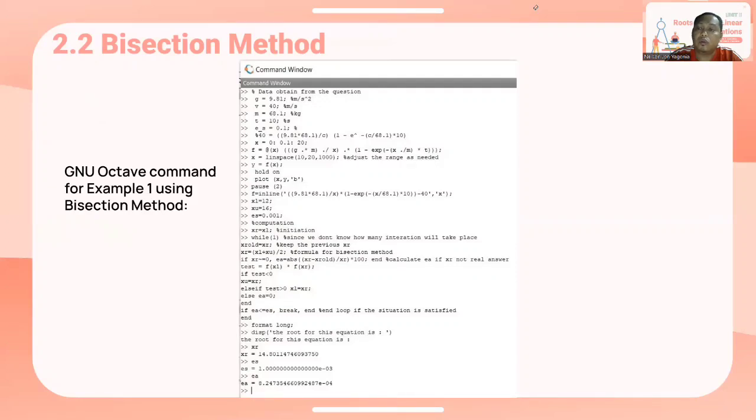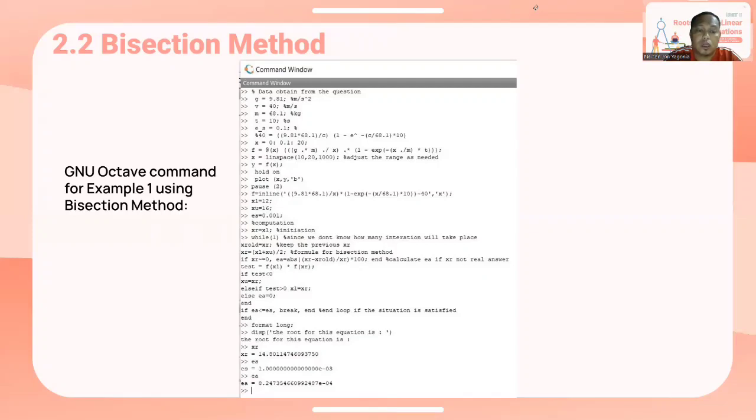For this bisection method, one objective is to apply the method using GNU Octave. So we have come up with a GNU Octave command or program using example number 1.